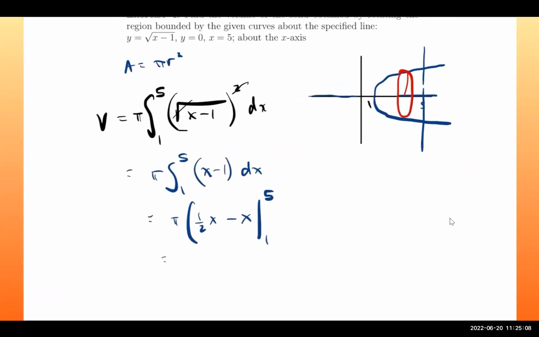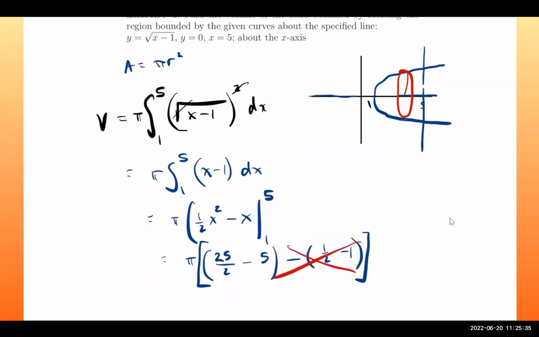So plugging in 5 is going to give us, actually, I'm missing a square here. So that's going to be 25 over 2 minus 5, minus 1/2 minus 1. All right, so this is going to be negative 1/2, but then the negative makes that positive 1/2, so this is just going to become plus 1/2.